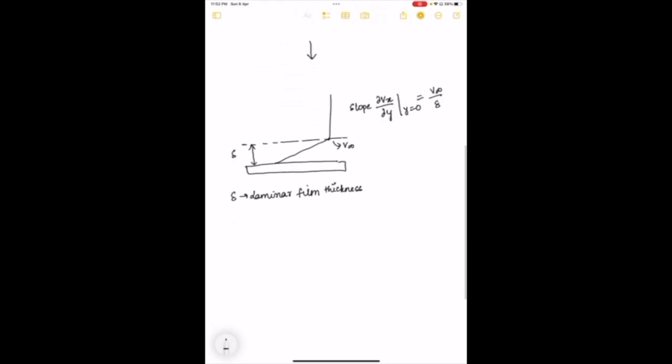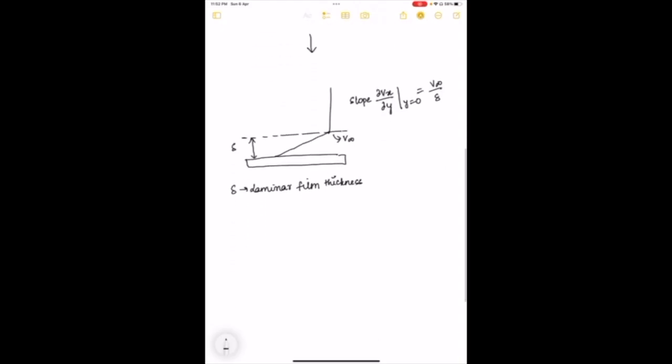We will prove this now. How are we getting this? So we have the equation half rho V infinite into f equals mu upon V infinite dou Vx upon dou Y at Y equals 0. This is equation 3. From the above graph, we can write dou Vx upon dou Y at Y equals 0 equals V infinite upon delta, that is equation 4.